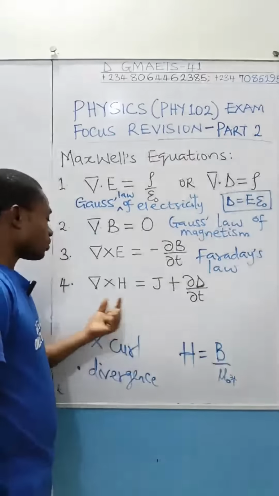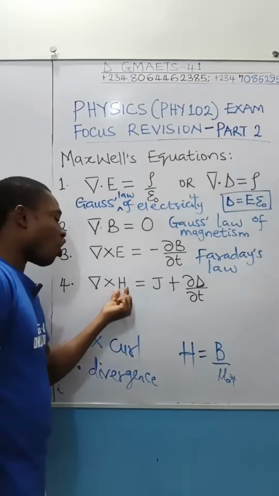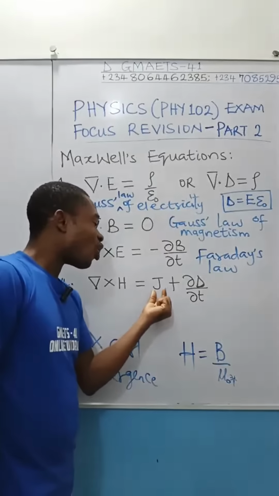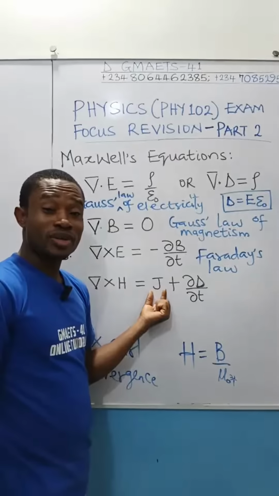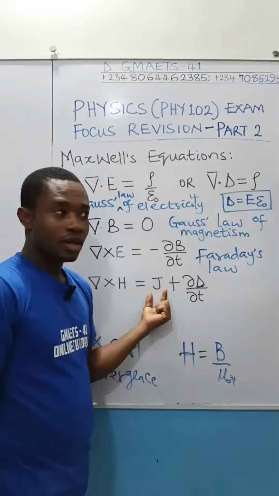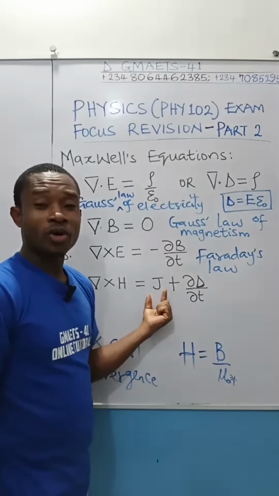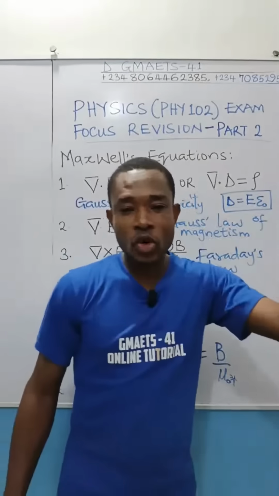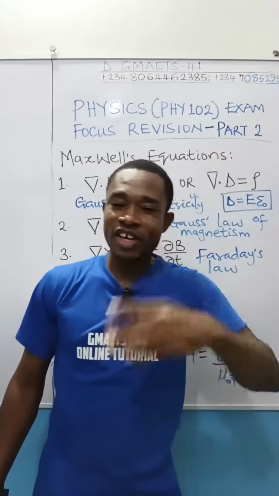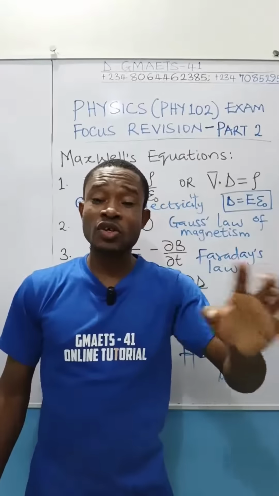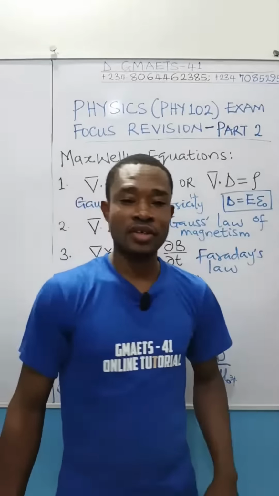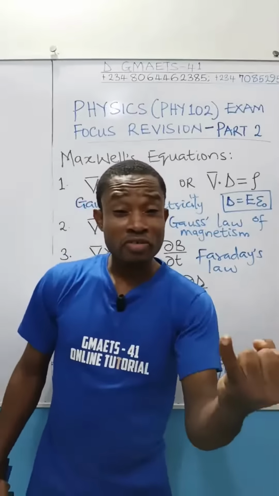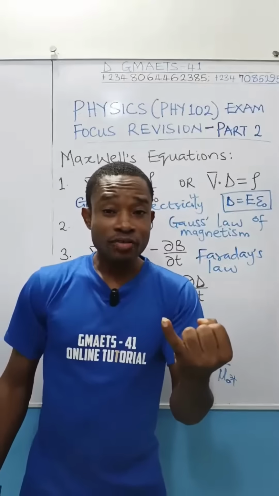Let's go back to this equation. The curl of the magnetic field intensity is equal to the current density. This J represents current density. Now, this current density, we have met it before, right? In part 1 of the exam focus playlist created specifically for your exam, which focuses on electrostatics and current electricity, just the introductory part of current electricity, where we talked about the concept of resistivity.